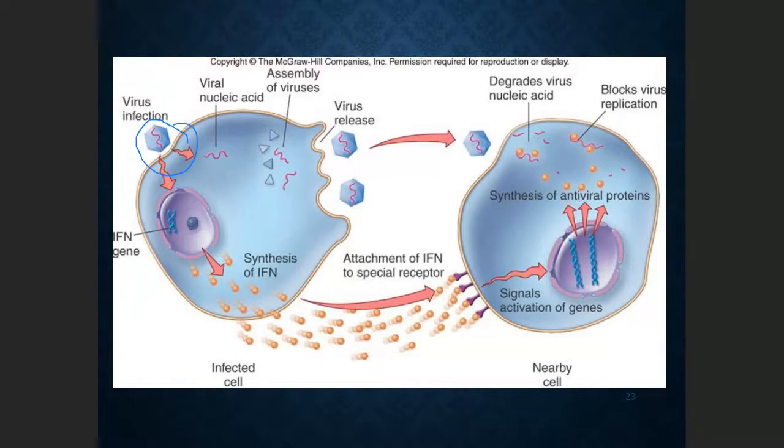This is the infected cell. It is able to produce interferon, and the interferon will be released to the healthy cell. Whenever the healthy cell receives that information, the interferon, it will make a protection against the infection that comes into this cell.